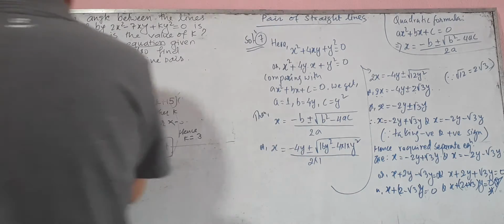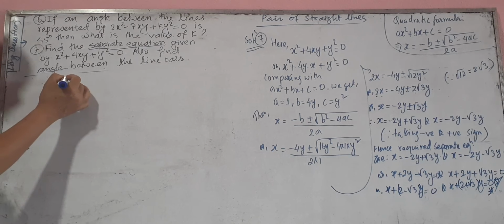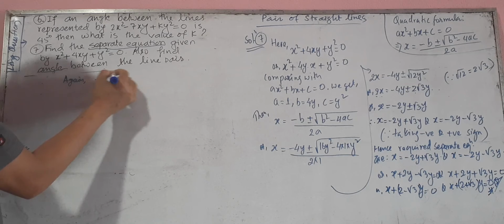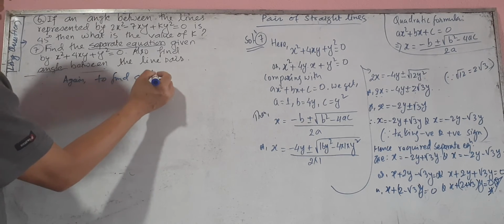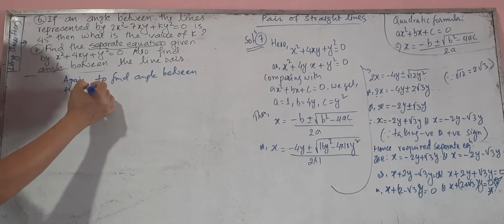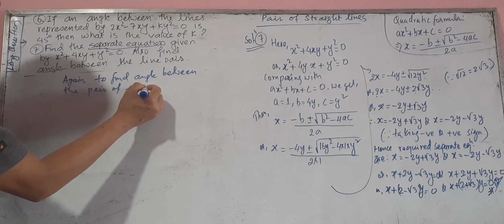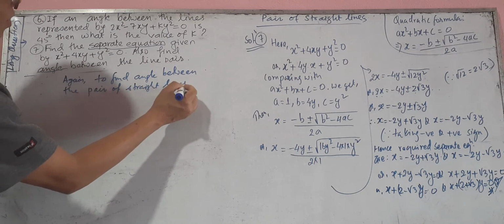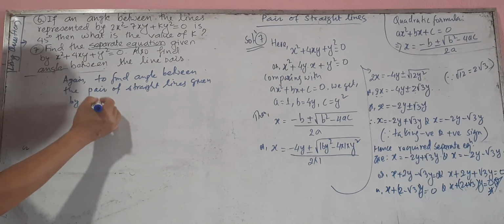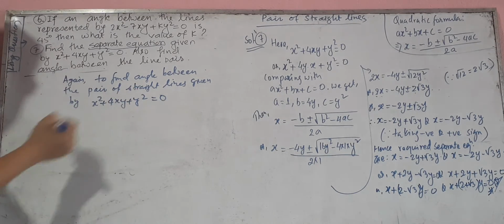So again, to find the angle between the pair of straight lines given by x square plus 4xy plus y square equal to 0.